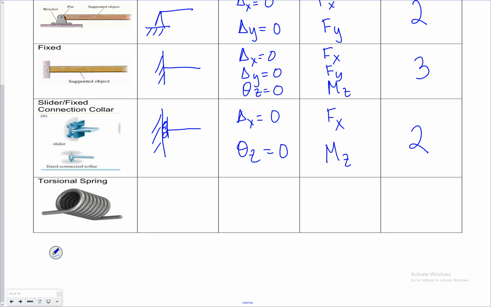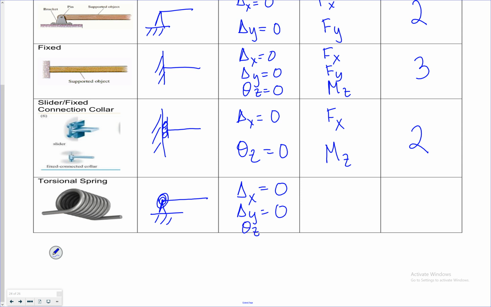If I want to model rotational rigidity of a pinned connection, something between a pin and a fixed joint, I'm going to have my torsional spring. I'm going to draw it like that. This means it can't displace in the X and Y direction.